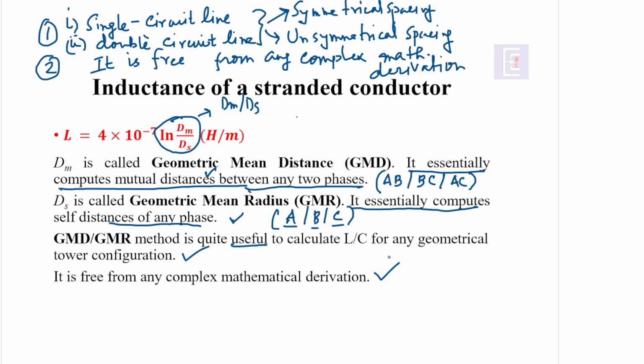And most importantly, you should not derive any complex mathematical derivation for any of these tower configurations. I will show later, by problems, how this GMD GMR method is effectively used to calculate inductance or capacitance of a transmission line.